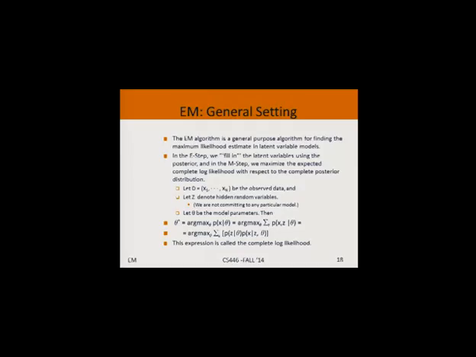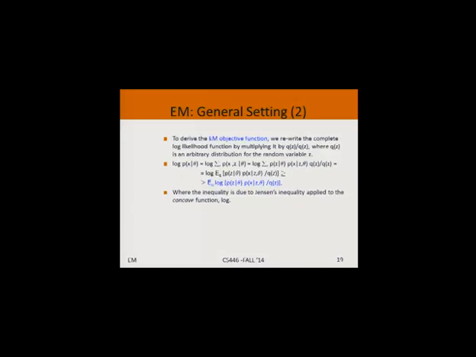So it's the sum over z of p of x comma z given theta. I'm writing this using Bayes' rule this way: p of z given theta times p of x given z and theta. Just Bayes' rule. Okay? And this expression is sometimes called the complete log likelihood.